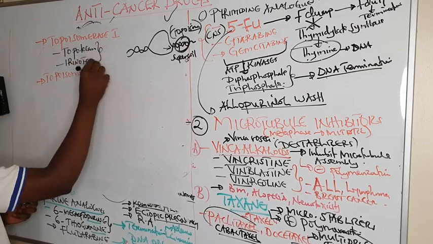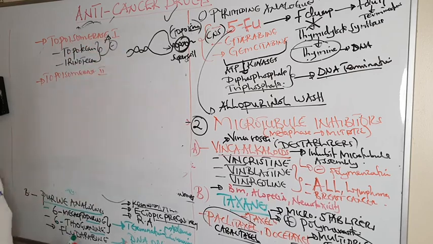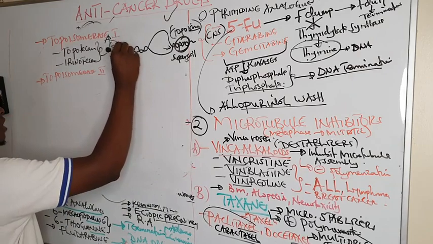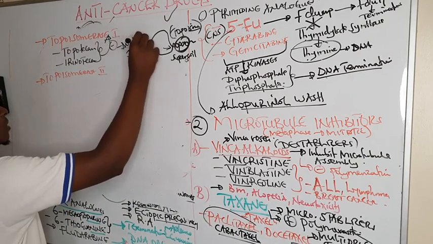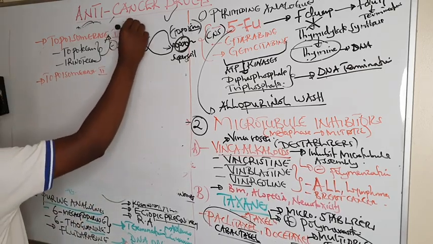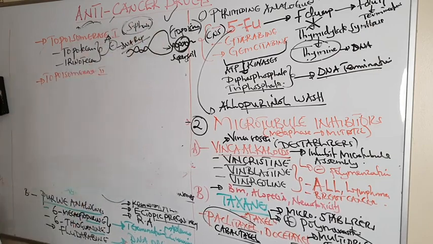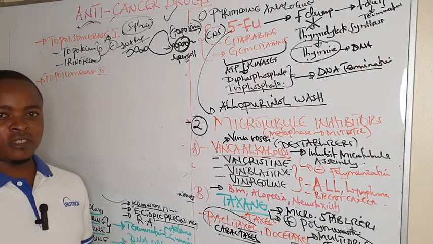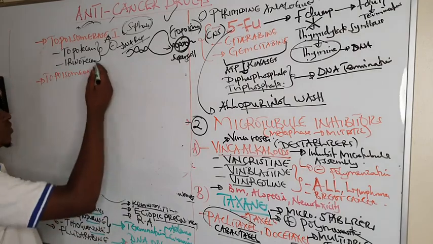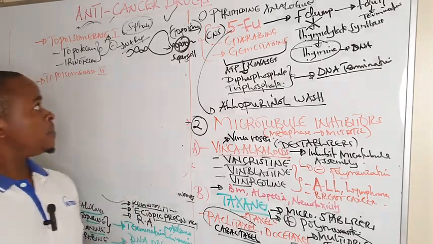These are the two drugs. They inhibit topoisomerase type 1, and when it is inhibited, DNA replication cannot proceed. Meaning they are S phase specific drugs. They target the synthetic phase and also the checkpoint to enter the G2 phase. These drugs are also used in treatment of leukemias and lymphomas.